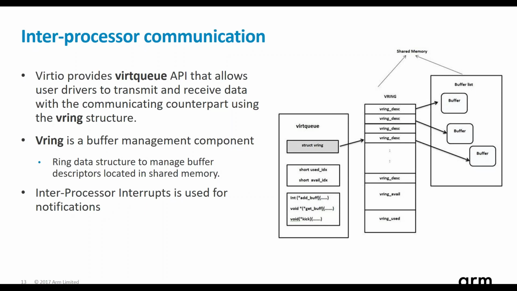So I won't go into details with that, but basically VirtIO will create a virtual queue, and it will use a buffer called vring to manage the different messages that are sent or received between the two systems. And the IMX devices provide what we call interprocessor interrupts. So whenever one of the two processors sends a message to the other processor, there's an interrupt happening on the receiver processor to make sure that the message is handled.